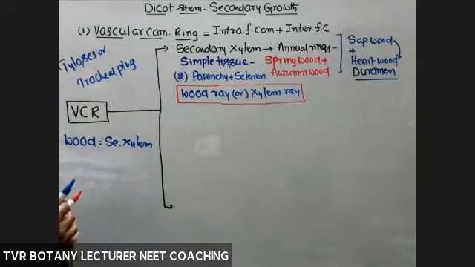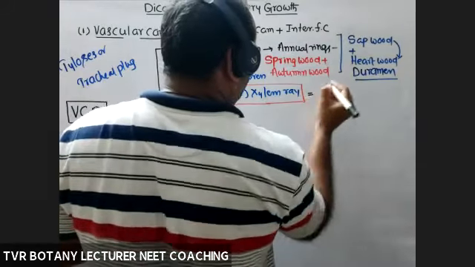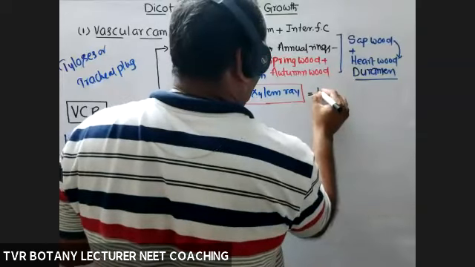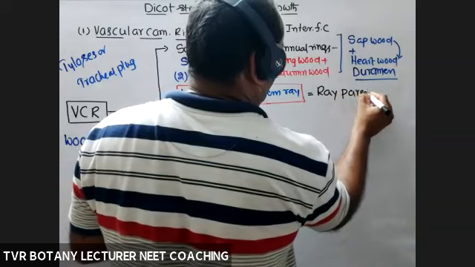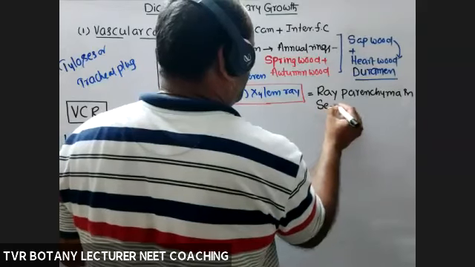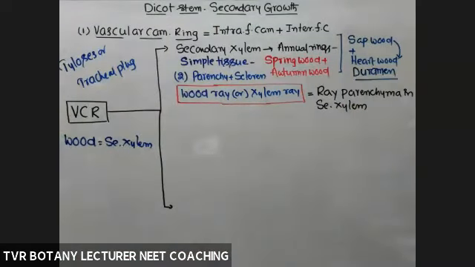Wood ray or xylem ray is equal to ray parenchyma in secondary xylem. That is nothing but ray parenchyma present in secondary xylem.